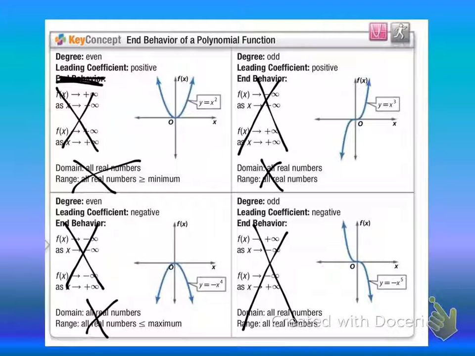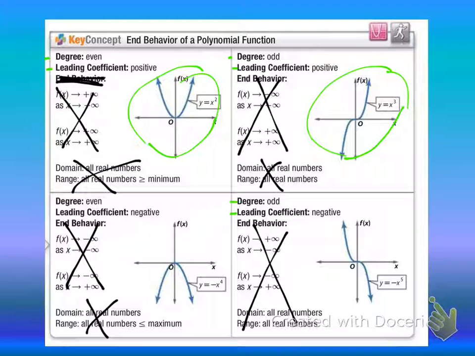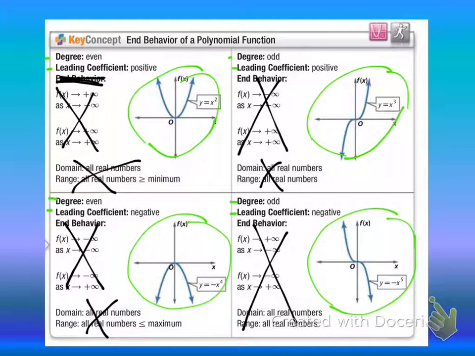What you need to write is the degree, the leading coefficient, and the graph itself. Okay? On all 4. Okay, so write down all 4 of these, kind of make a quick little picture of the graphs.